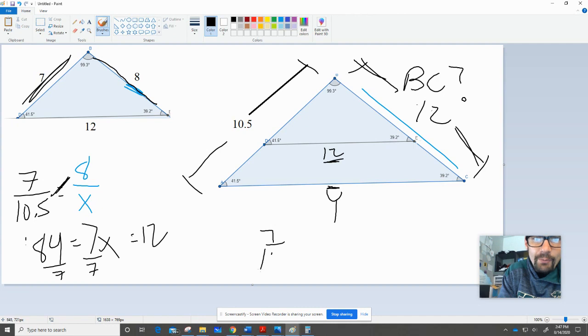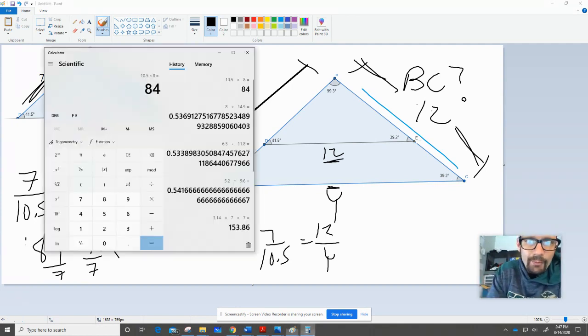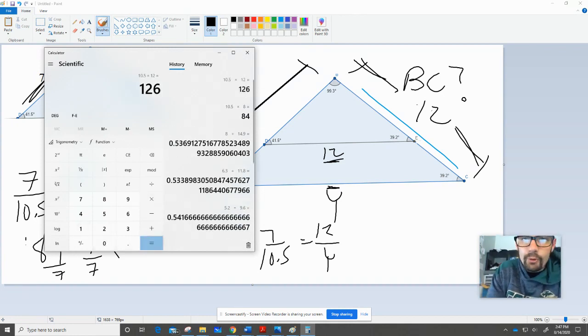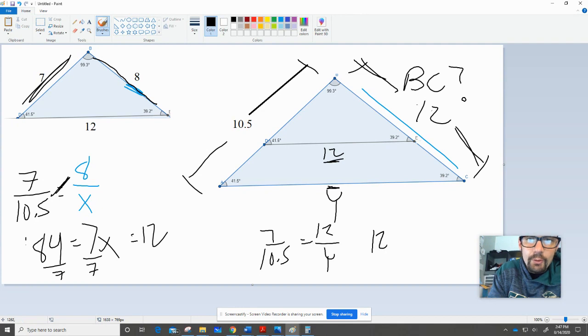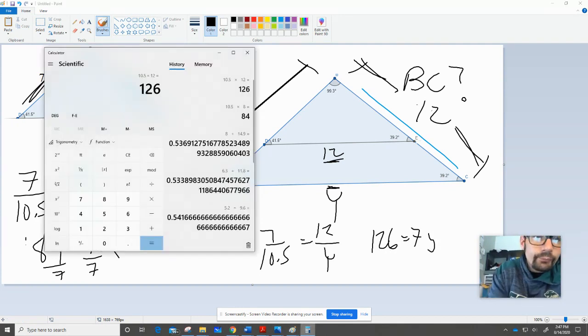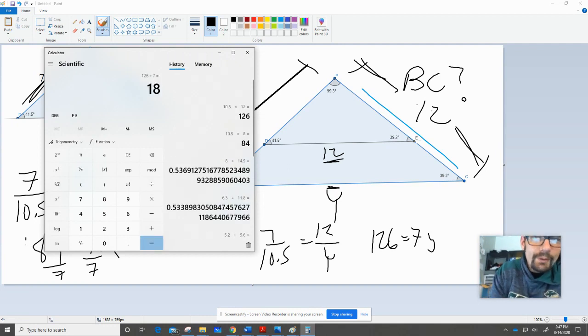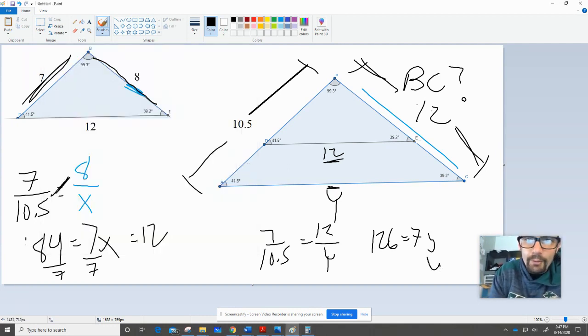So we can do 7 over 10.5 equals 12 over Y. So if we do 10.5 times 12, which is 126, that's equal to 7Y. So we'll do 126 divided by 7, and we get Y equals 18.